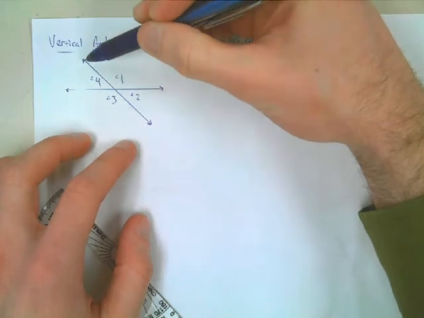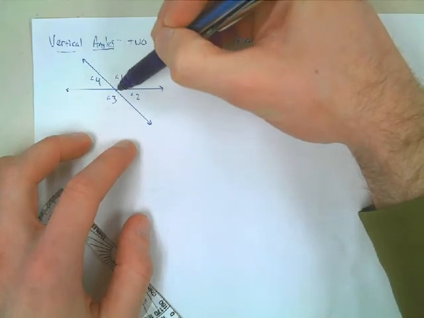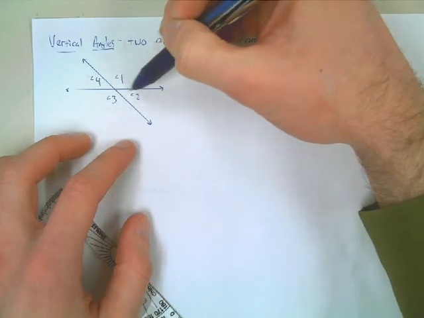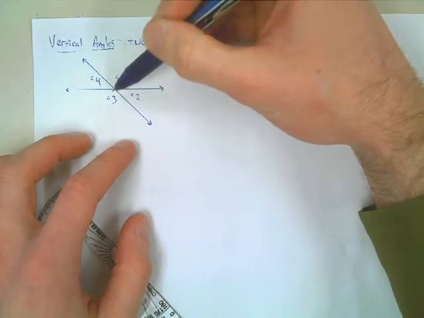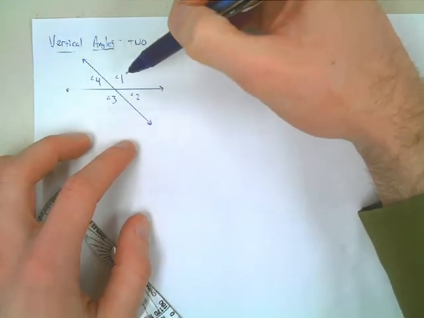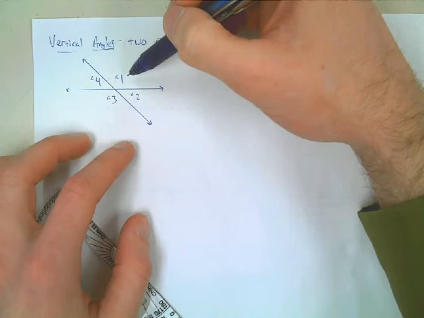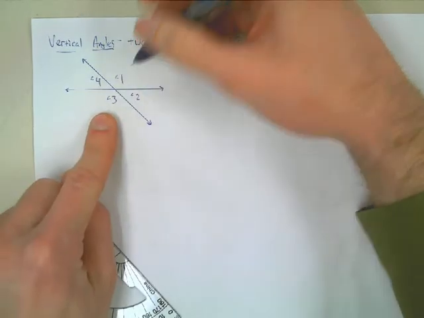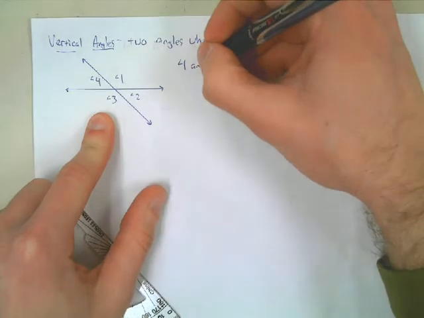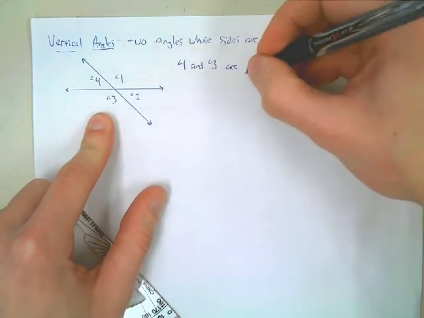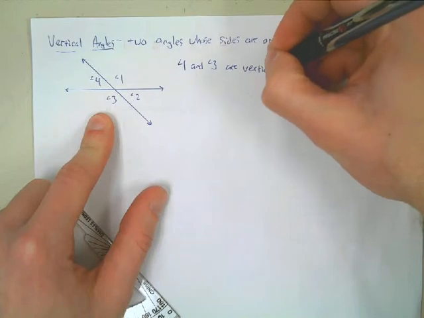And then the other side of angle 1 has a different opposite ray. It's got this opposite ray. So, which angle is made up from the opposite rays from angle 1? Angle 3. That's right. Angle 1 and angle 3 are vertical angles.